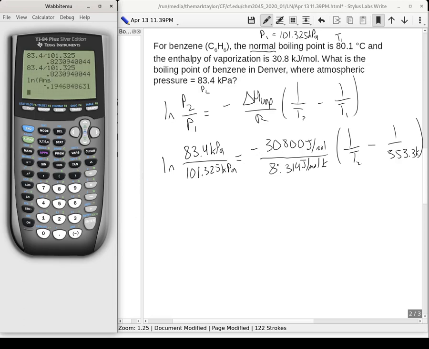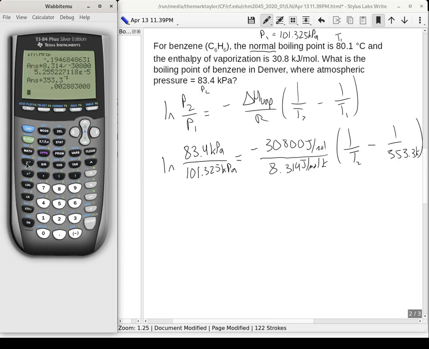Alright, now I'm going to multiply by the 8.314, and I'll divide by the negative 30,800. And I get this very small number. To that, I'm going to add 1 over the 353.3. That should be 1 over T2.